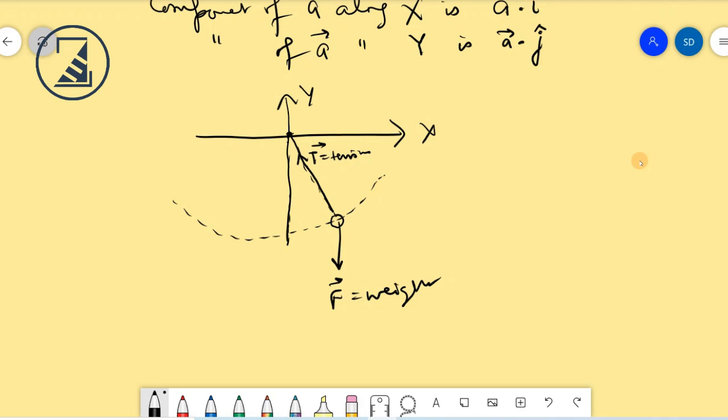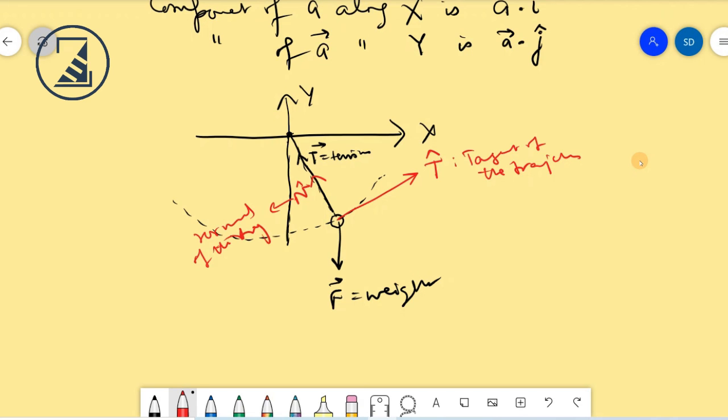In this case, instead of taking components along the x-axis and y-axis, we define two more directions. We break components along this axis. This is the tangent of the trajectory, and along this direction, this is n cap, the normal of the trajectory.